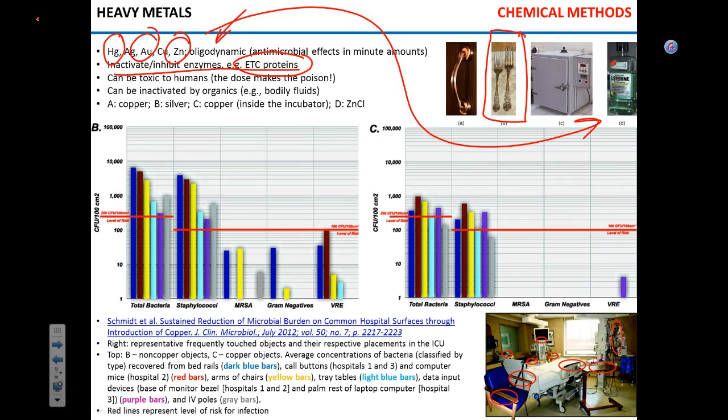Okay? Now, one metal that got a lot of traction in the last few years in regards to its antibacterial properties is copper. Its antibacterial properties were first noted, well, recorded at least, by the ancient Greeks.